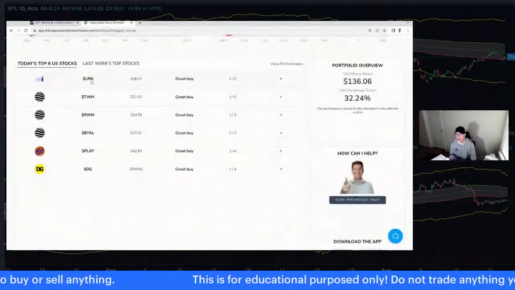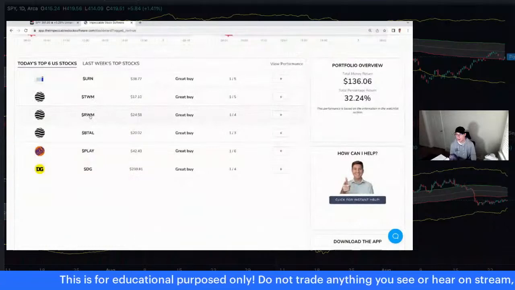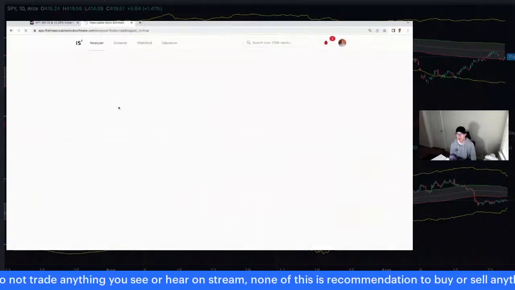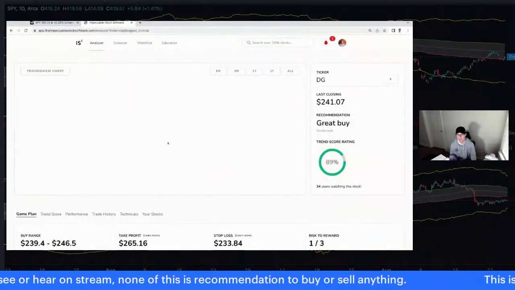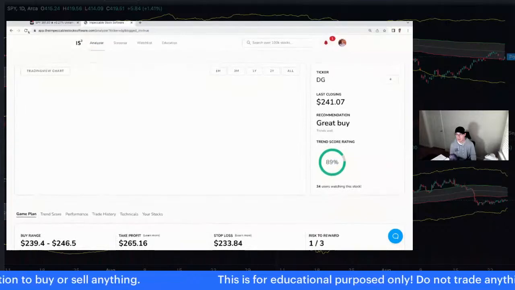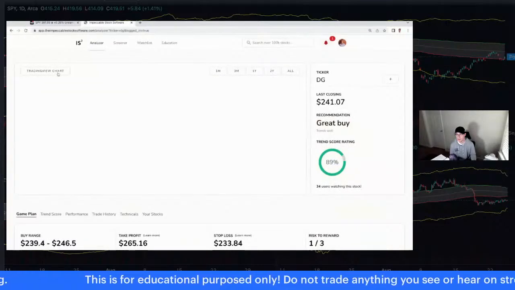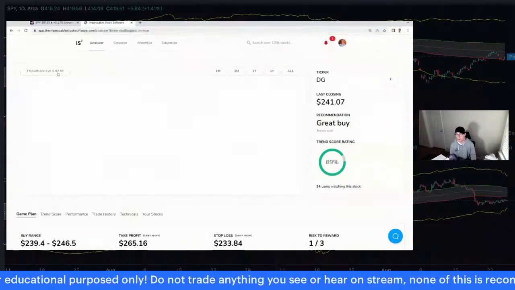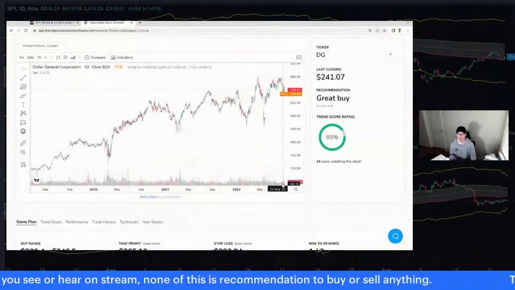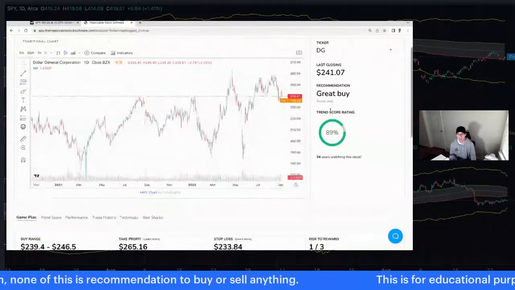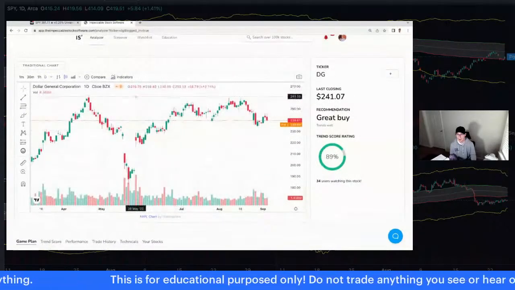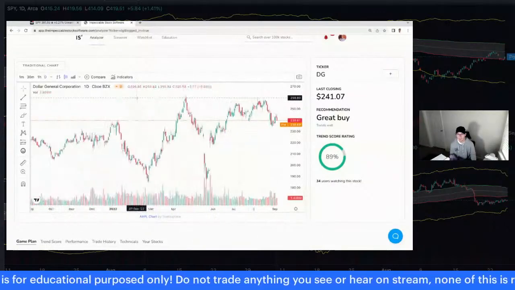Top stocks for today are LRN, TWR, RWN, BTAL, and DG. So again, these show the stocks with the most potential for today. Again, great buy trend score 89. Oh no, where'd the chart go? I'll look into that here in a second. So again, we have DG here, looking for the breakout above 260.